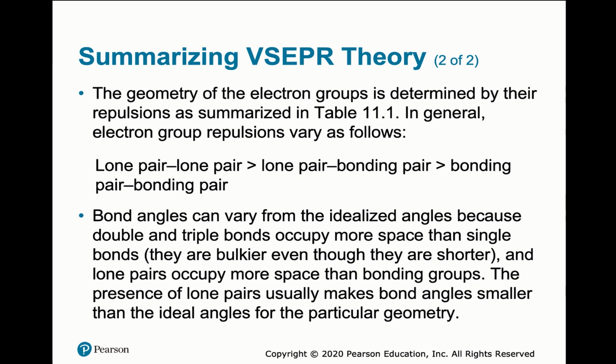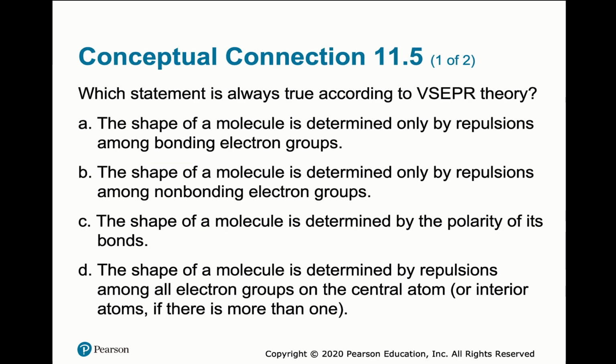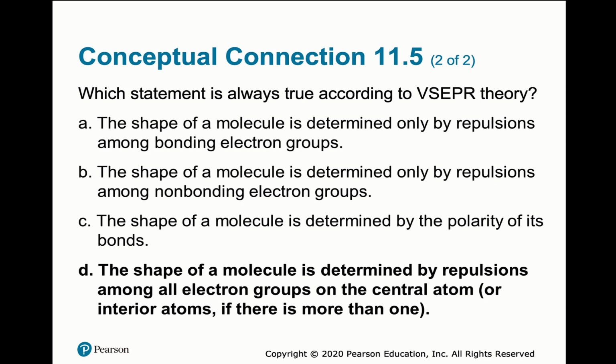And we've already gone through the summary, and the bond angles can deviate from the idealized bond angles because of repulsions from that, which is always true regarding VSEPR theory. The last one here: the shape of the molecule is determined by repulsion among all electron groups on the central atom.